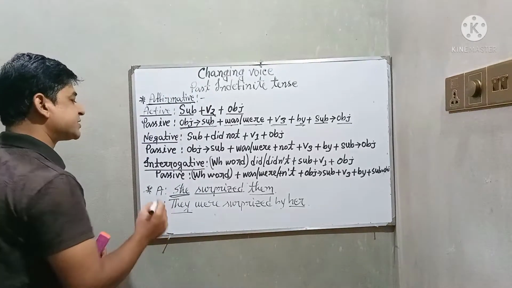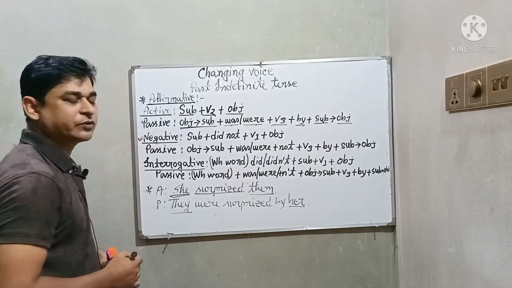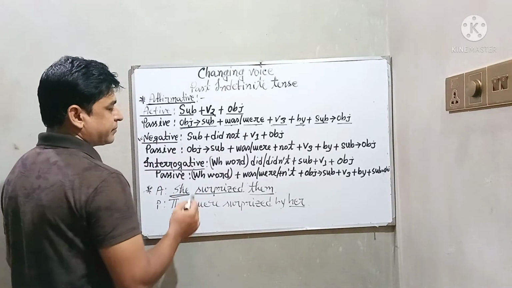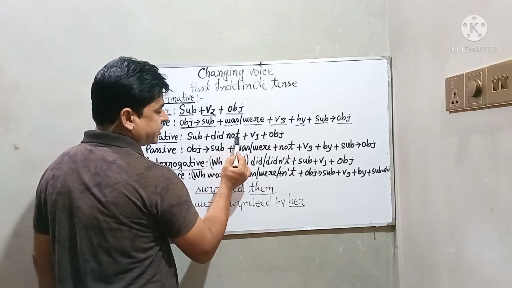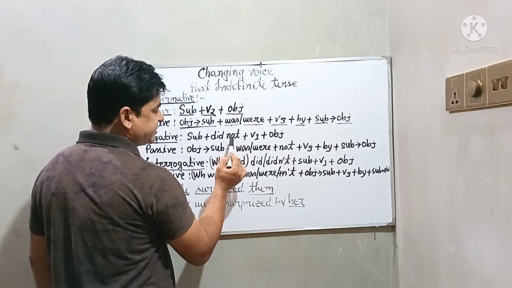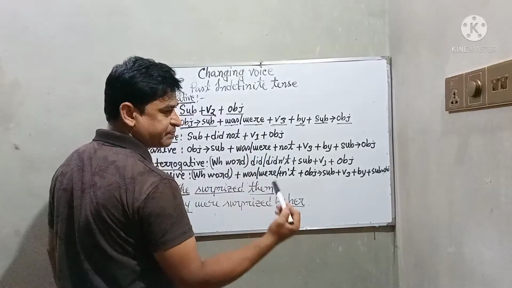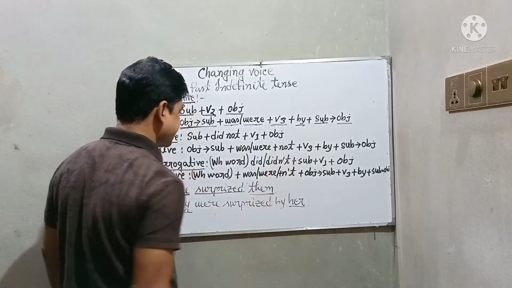Now we are going to discuss negative sentence according to past indefinite tense. Okay, if you get subject plus did not or didn't, then verb 1, that means present form of verb, then object of the sentence.